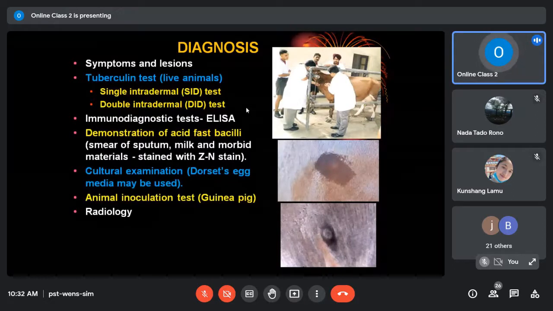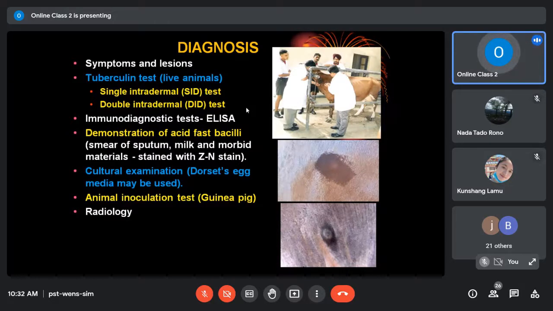These are allergic, hypersensitivity type reactions, where we see skin thickening and erythematous swelling after injection, at 48 hours, then 72 hours, all right. First injection, then a second injection if it is double intradermal.